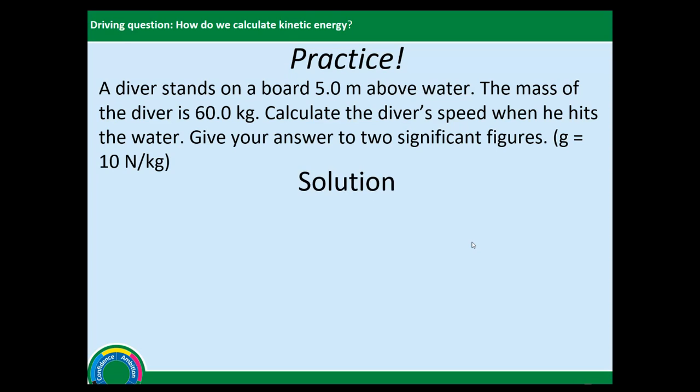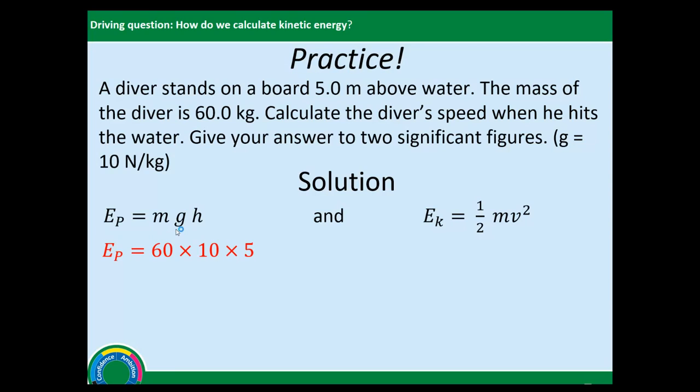Again, at the point 5 meters above water, the diver has his maximum gravitational potential energy, which can be calculated using the equation EP equals mgh. The mass is 60 kilograms, g is 10, height h is 5 meters.